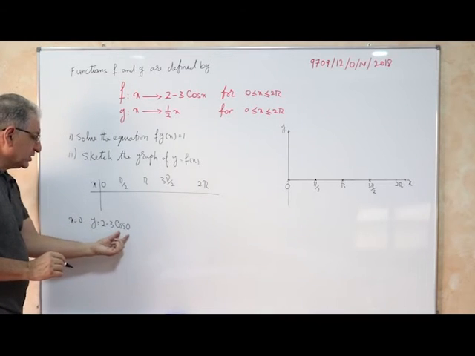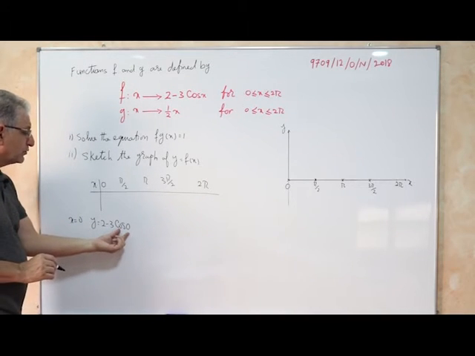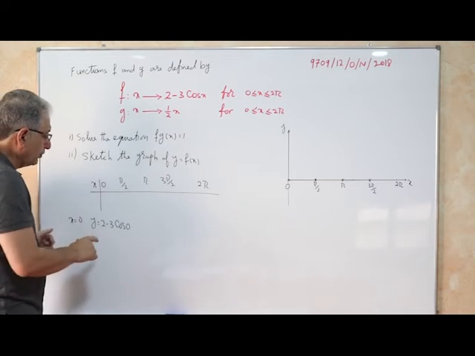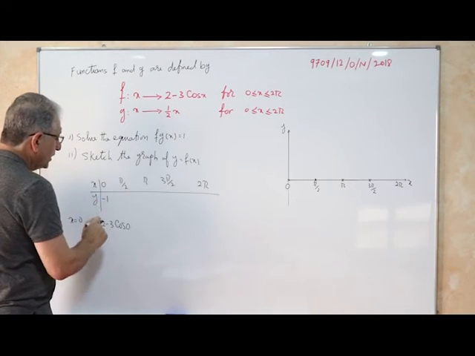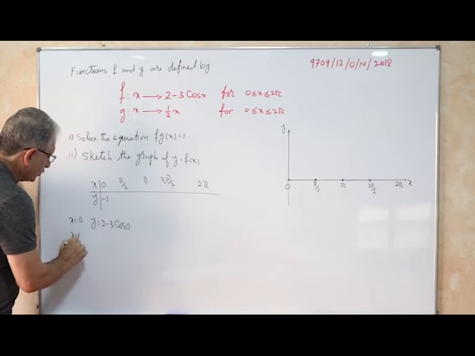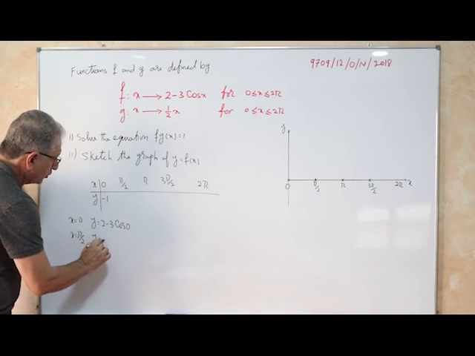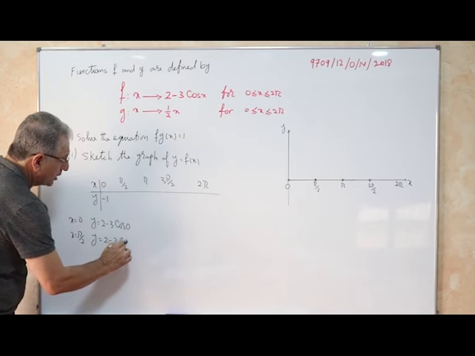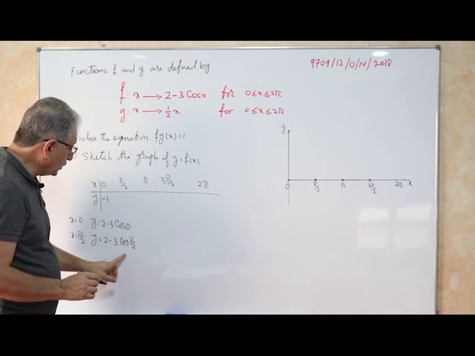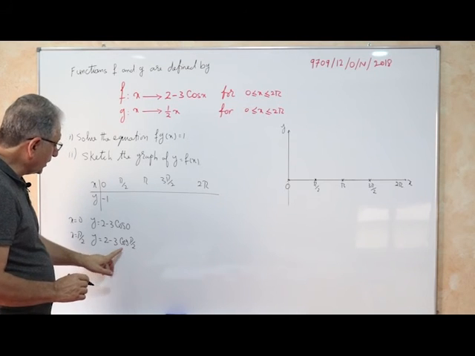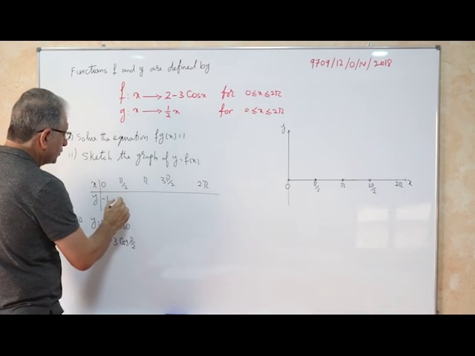You can put this in calculator, but cos 0 is 1, therefore this is 2 minus 3, which is negative 1. If you put x equal to pi over 2, you get y equal to 2 minus 3 cos pi over 2. But cos pi over 2 is 0, so 3 times 0 is 0, therefore you get 2.